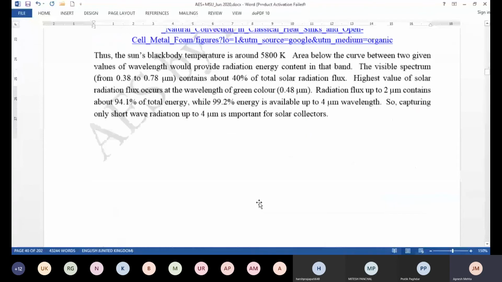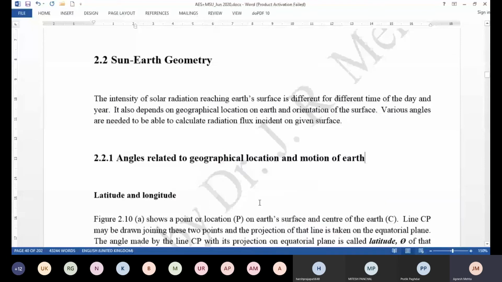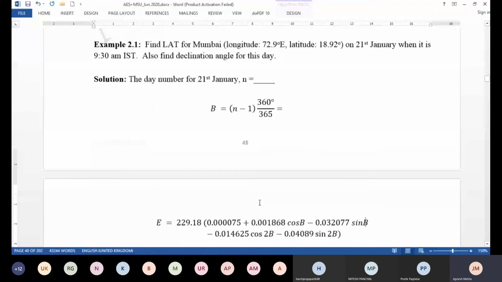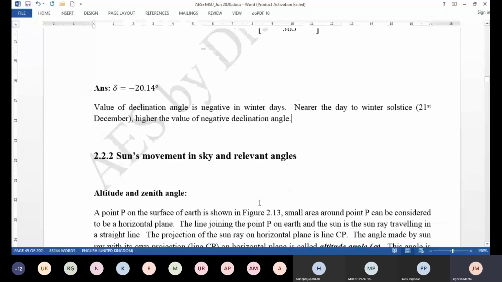So I think your answer, minus 20 point something, should be correct. That was the first part of the example, right? Minus 20.14 degrees is the answer.